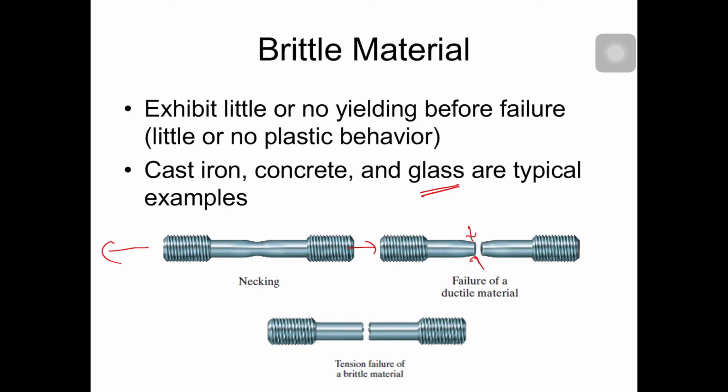For brittle material, there is no necking, suddenly it breaks. There is no elongation, or small elongation, and suddenly it breaks. So this one is ductile, this one is brittle.